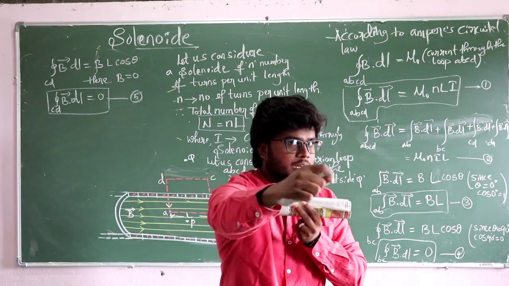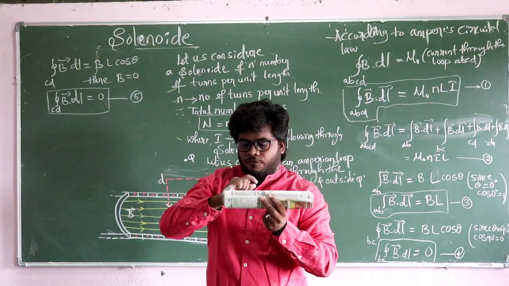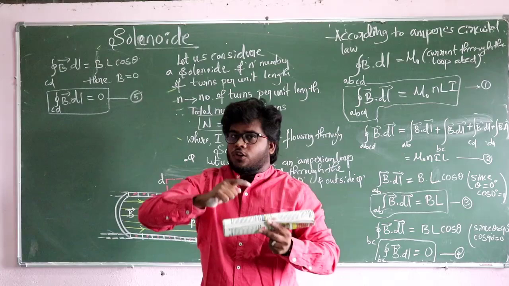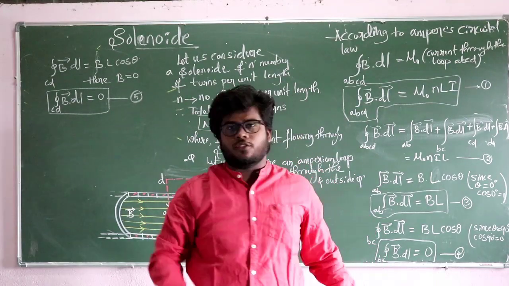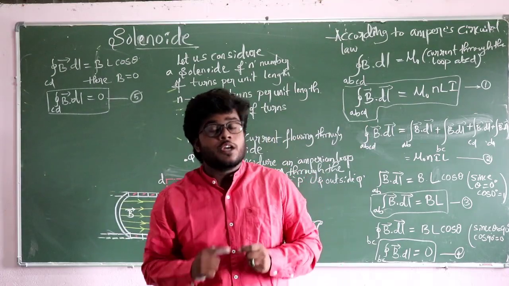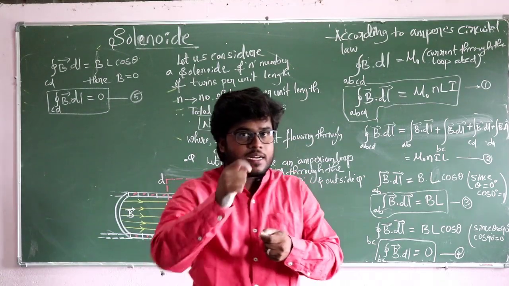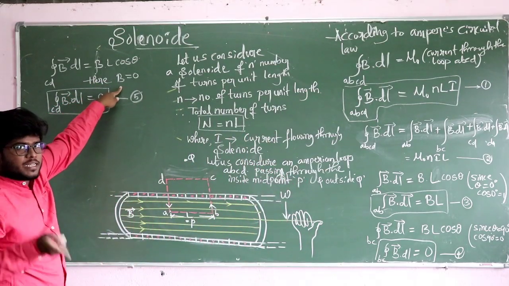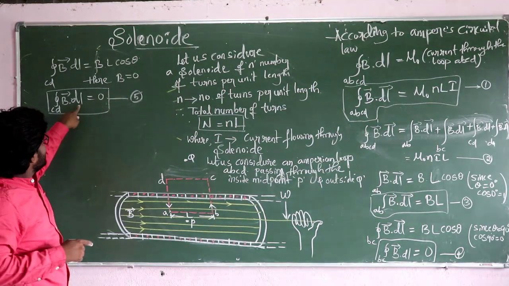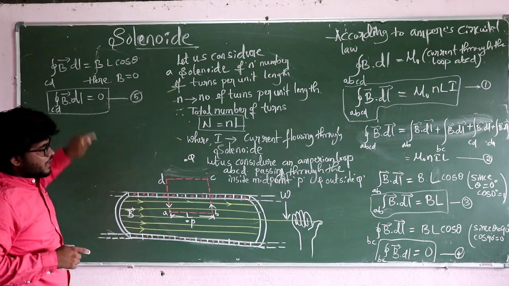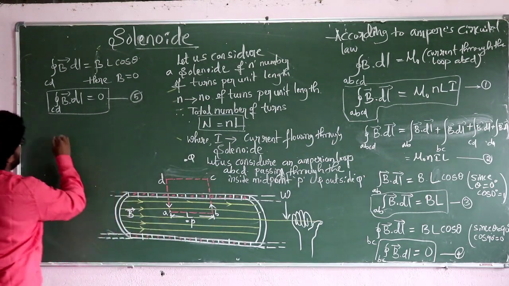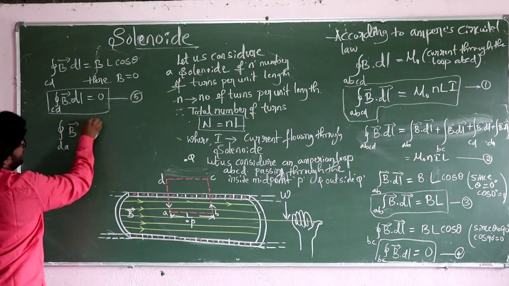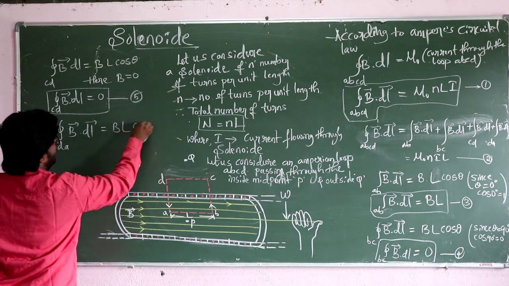One side current is moving out, the other side current is going in, so the total current outside the solenoid becomes 0, so the total magnetic field outside the solenoid is 0. Why? Because the direction of current is reverse. Understood? Okay, the last point is DA.